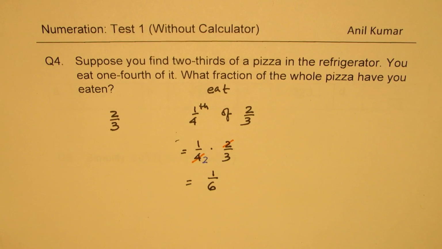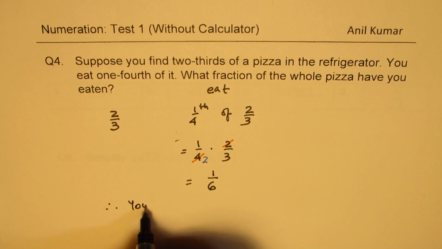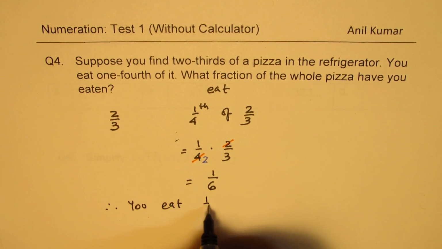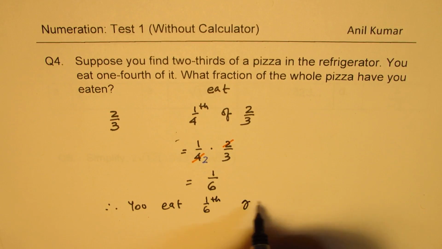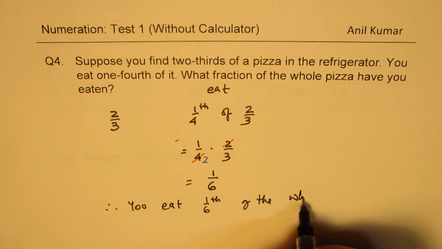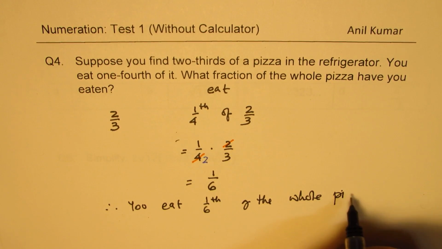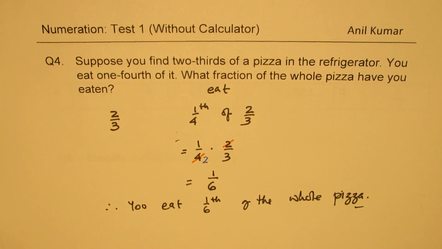Do you see that? So 1/4 of 2/3 is only 1/6. Therefore, you eat 1/6 of the whole pizza. Is that clear to you? So that is how we could answer this particular question.